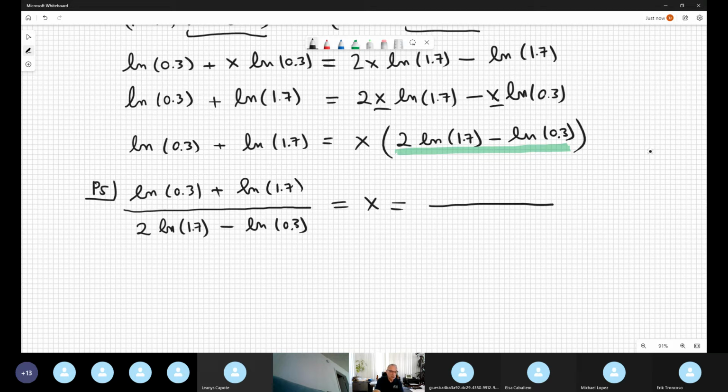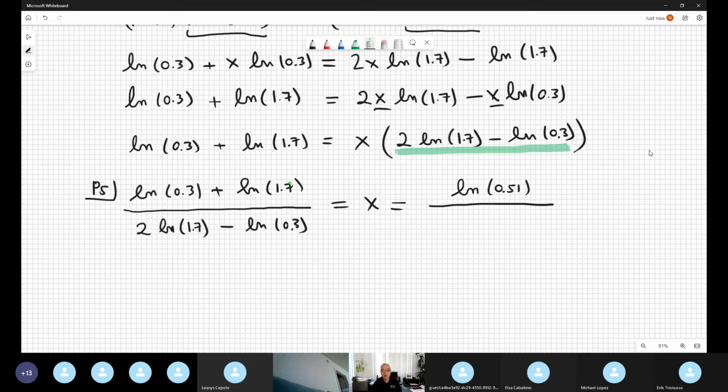When you have two logarithms added, it's a multiplication. So you put in the calculator the multiplication: 0.3 times 1.7 is 0.51. So you condense it into only one logarithm of 0.51. Where does it come from? 0.51 was the multiplication 0.3 times 1.7.